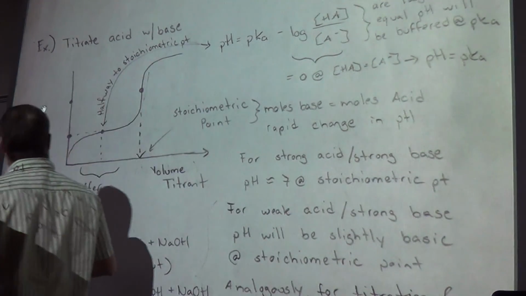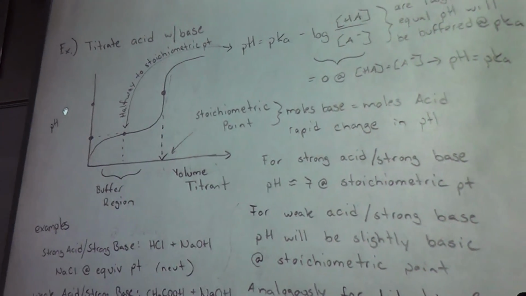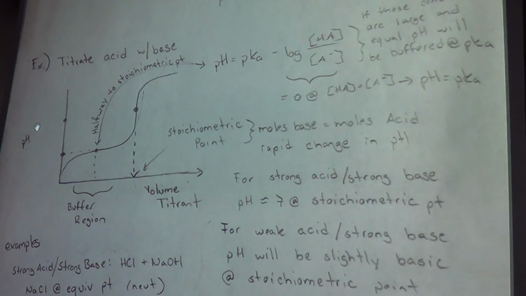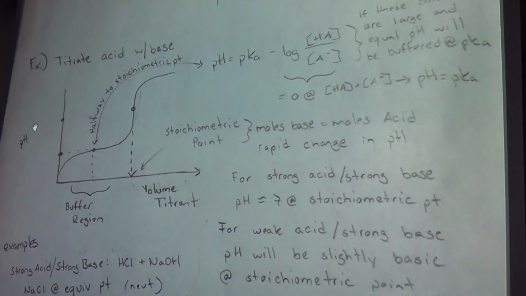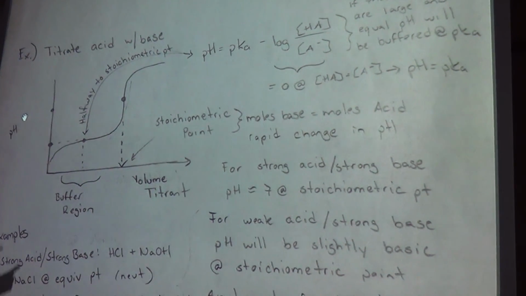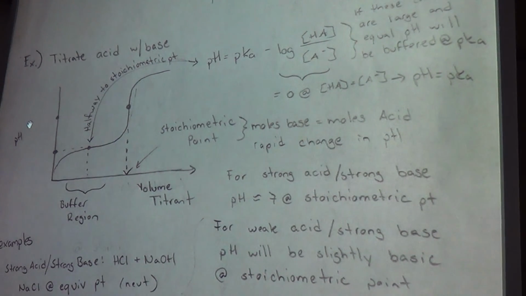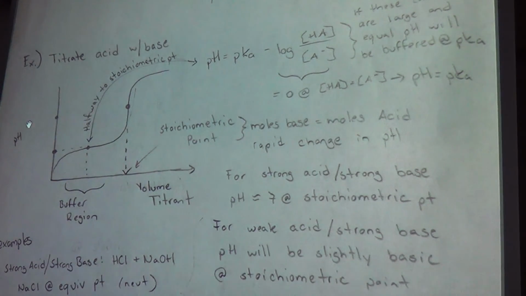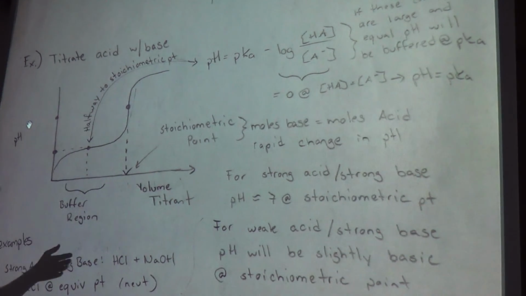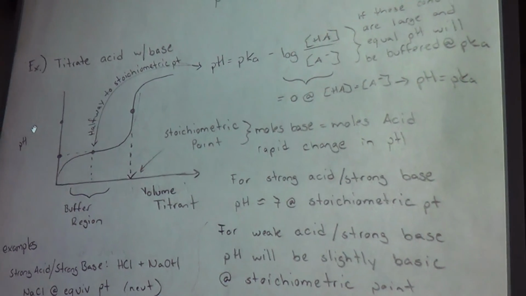One of the first things that you'll note, and you probably remember from acid-base titration curves, is that we've drawn this curve assuming that we're titrating an acid with a base, and so pH is increasing as we continue to add larger volumes of the base.